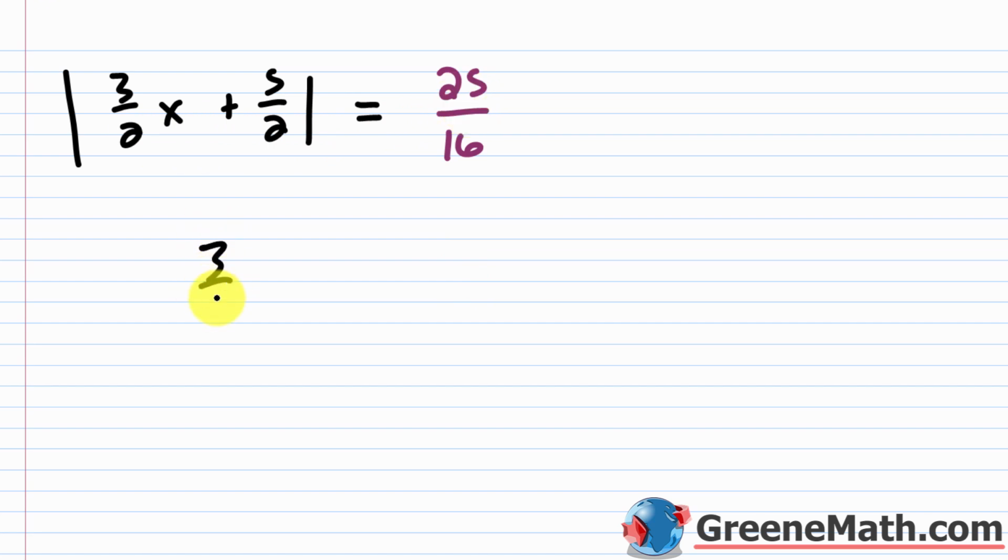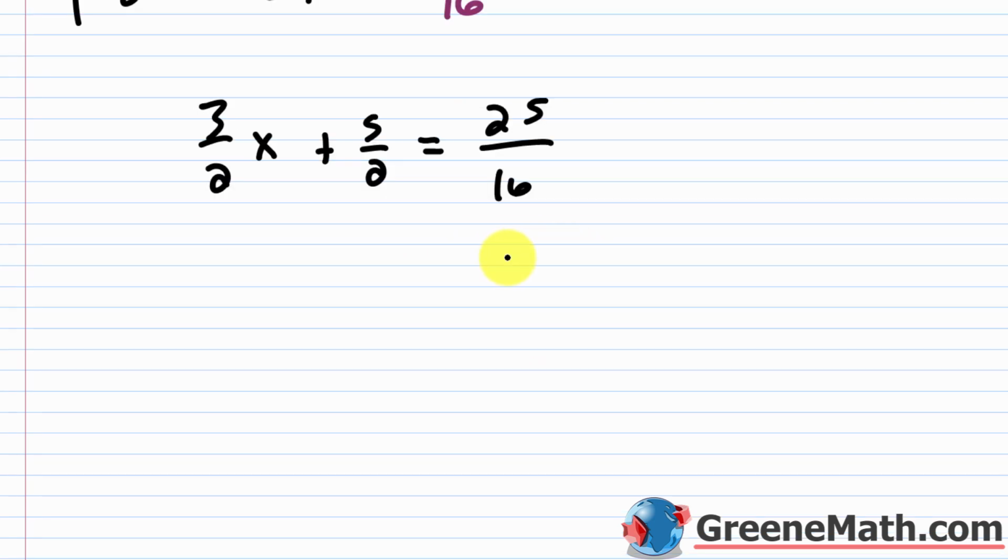So let's say that we have 3/2 x plus 5/2 is equal to 25 over 16. So for this equation, I can clear the fractions by multiplying everything by 16. So 16 divided by 2 is 8. So basically you would have 3x times 8, which is 24x. And then plus, again, 16 divided by 2 is 8. 8 times 5 is 40.